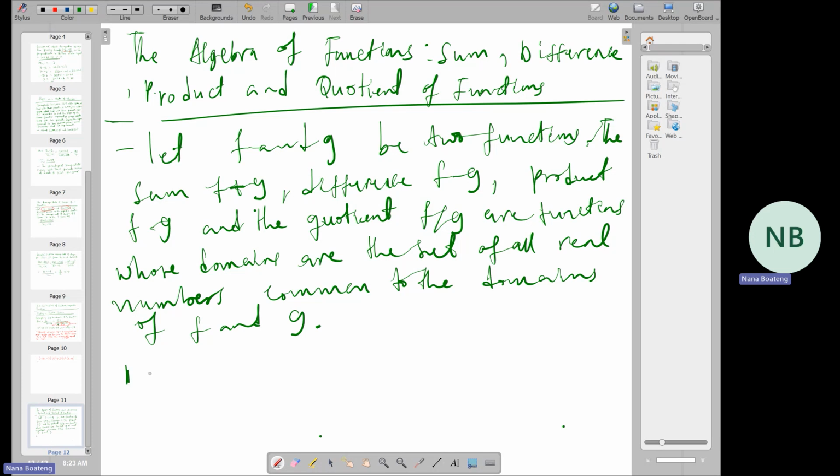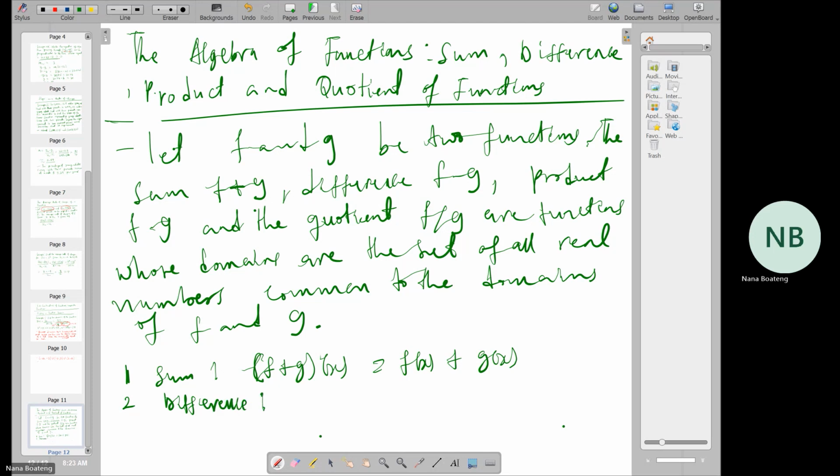One, the sum f plus g of x is equal to f of x plus g of x. The difference f minus g of x is equal to f of x minus g of x.